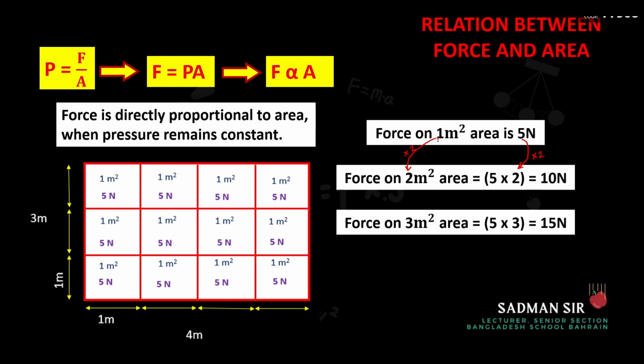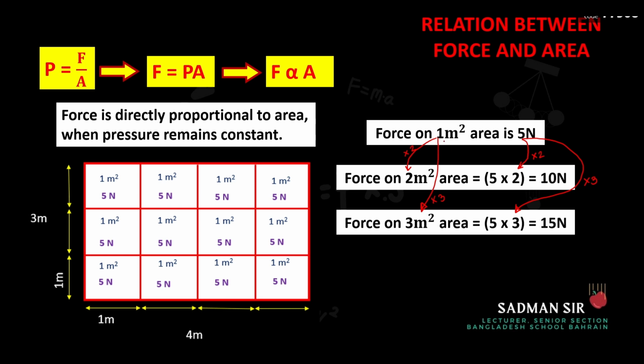And when the area was tripled, you can see that the force was also tripled. So that is what proportional relation actually means. Okay. So by the proportion by which you increase the area, the force will also increase in the same proportion, same rate. Okay.